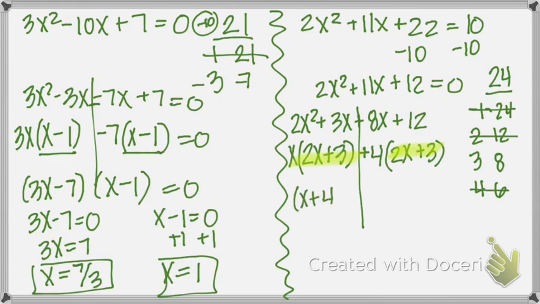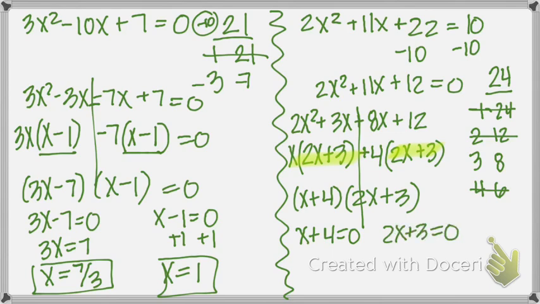X plus 4, 2x plus 3. Set equal to 0, x plus 4 equals 0, 2x plus 3 equals 0. You get x equals -4 or x equals -3 over 2.